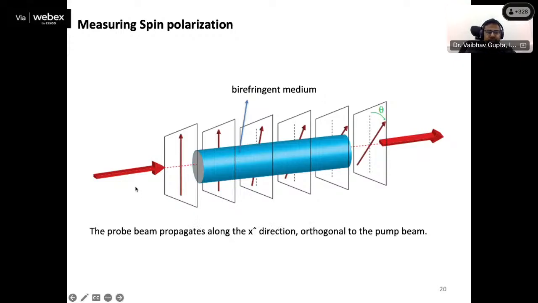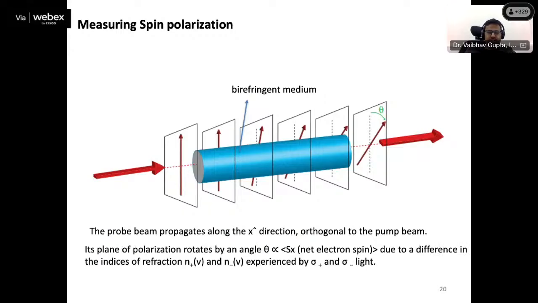Remember that I told you this light has to go perpendicular to the pump light, so we cannot operate in the same direction. We have to go in the orthogonal direction to the pump beam. Its plane of polarization will be rotated, depending on the net spin of the rubidium atoms, the total spin of those atoms.